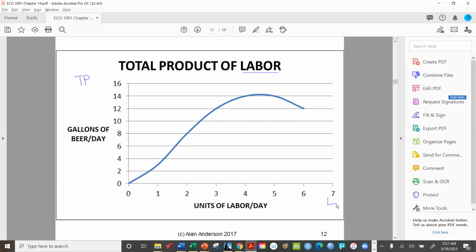Now, if you look at it carefully, it's hard to tell with this Excel graph, but at first, the slope of this curve is actually fairly flat, and then it starts to get steeper and steeper up to a point, and then suddenly it starts to flatten out again, and eventually we reach a limit.